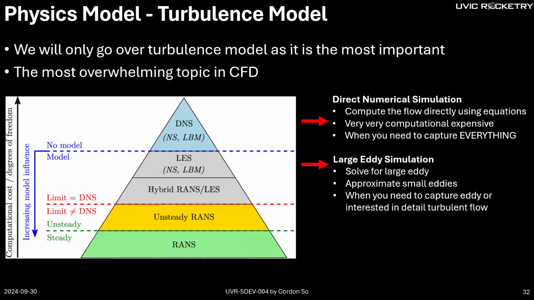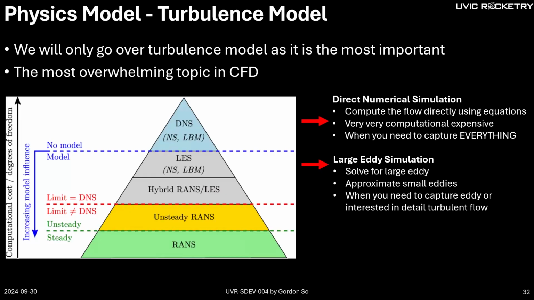DNS can capture everything, even this. However, with LES, large eddy simulation, we basically only solve for the big ones. We approximate and guess the small ones. And usually you would use this when you want more detail of the flow in your turbulence. Maybe you want to capture some vortex that is generated that you want to maybe use or just eliminate.